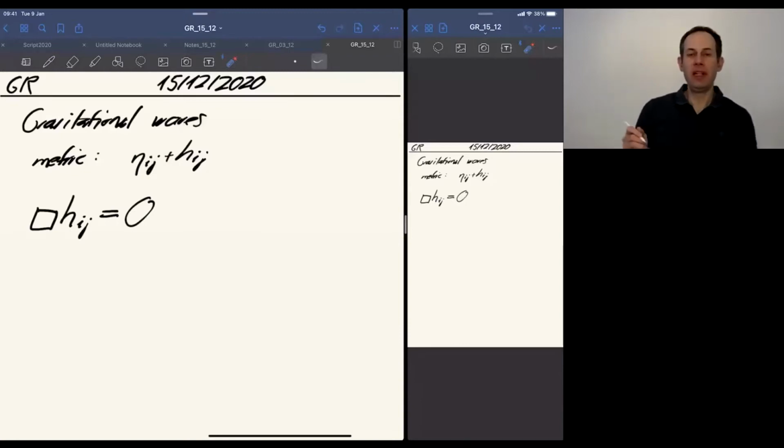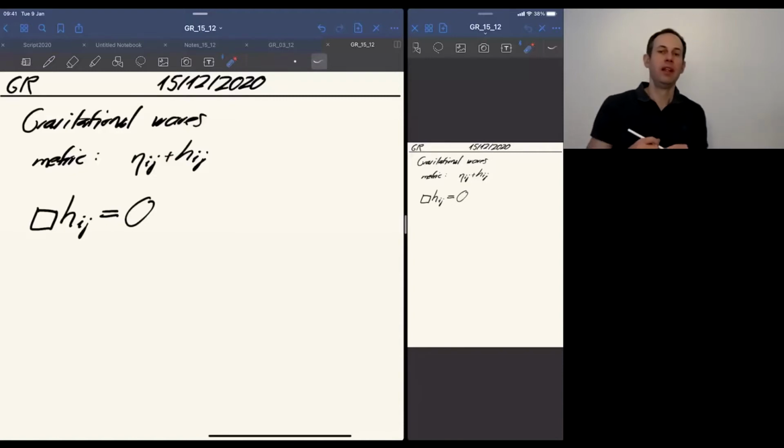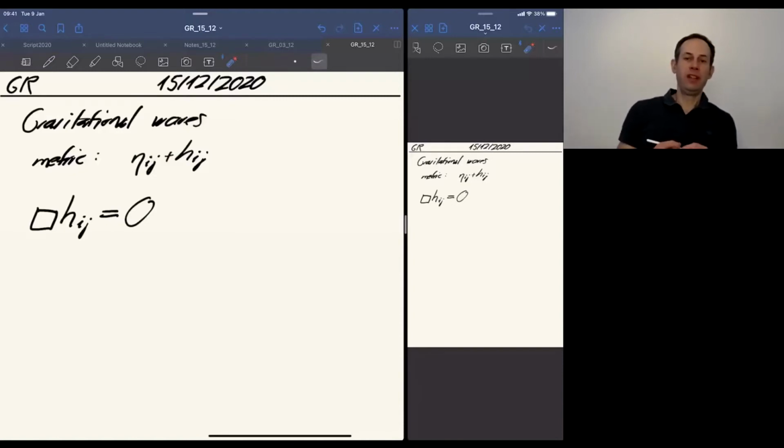This is very similar to when you solve, let's say, Maxwell's equations. Maybe you remember from your course in electrodynamics that if you, for example, solve for, let's say, the A field, the vector potential in electromagnetism, then you still have this freedom, this gauge freedom in electrodynamics, and you can choose, for example, the Lorentz gauge.